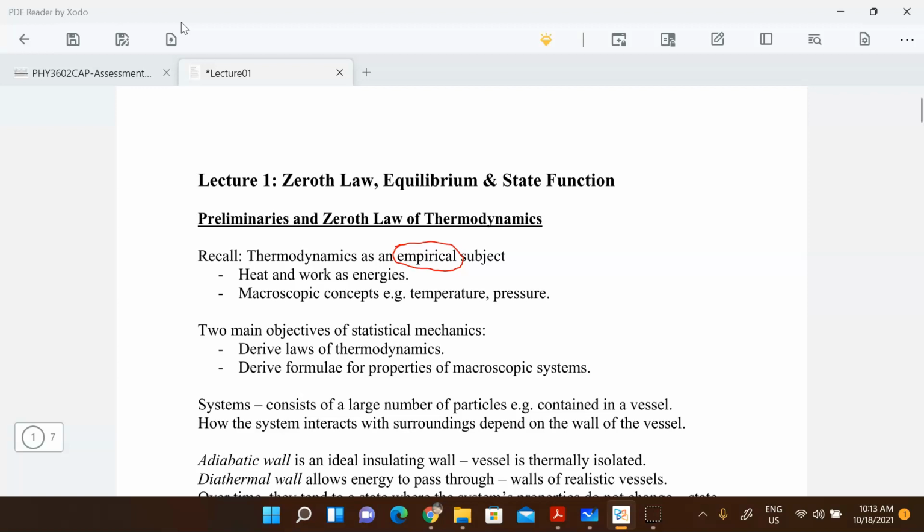What does an empirical topic mean? You have to let me know if there are words I use which are not properly understood. In this case, empirical means it derives from experiments.